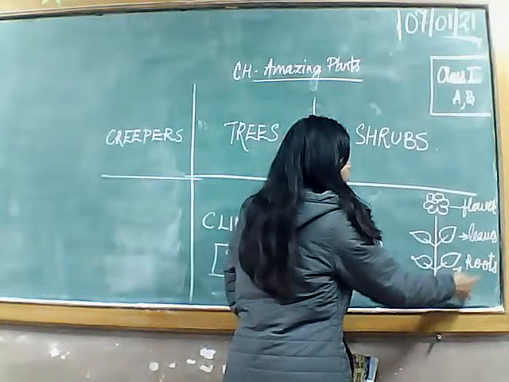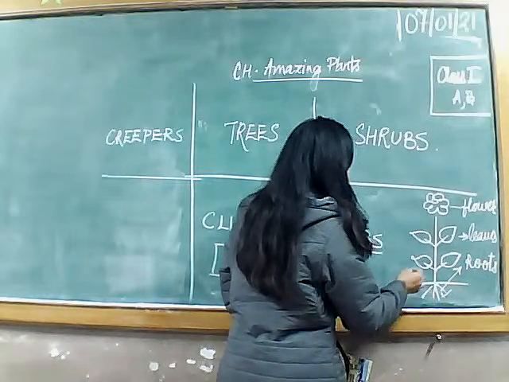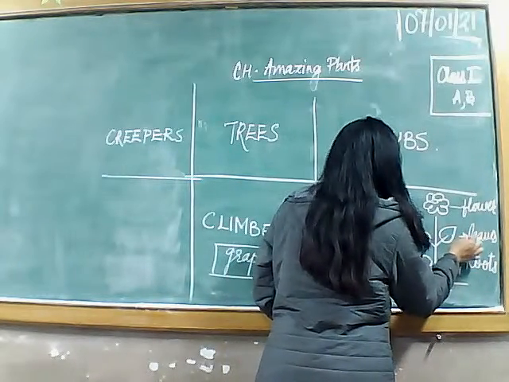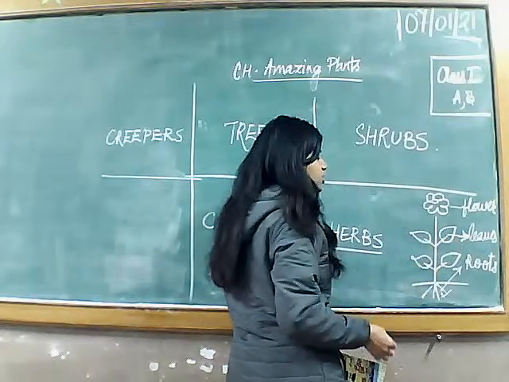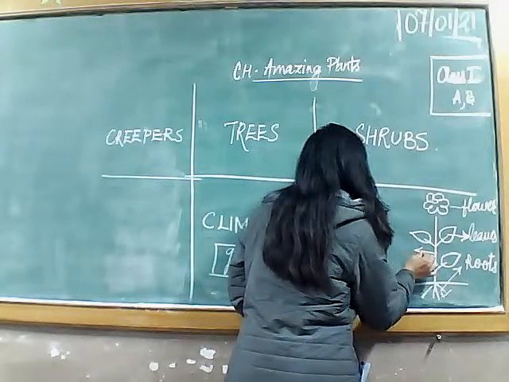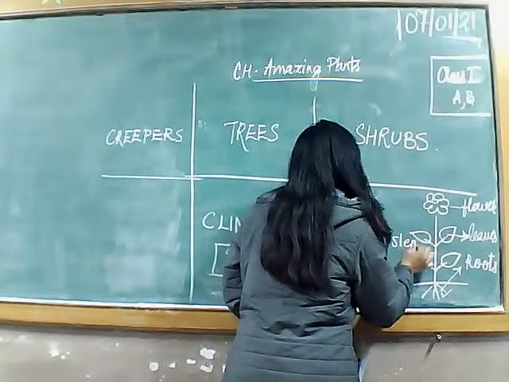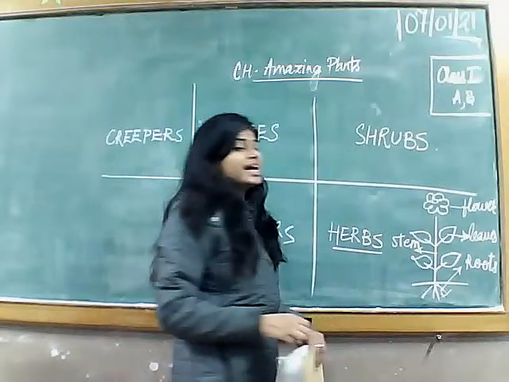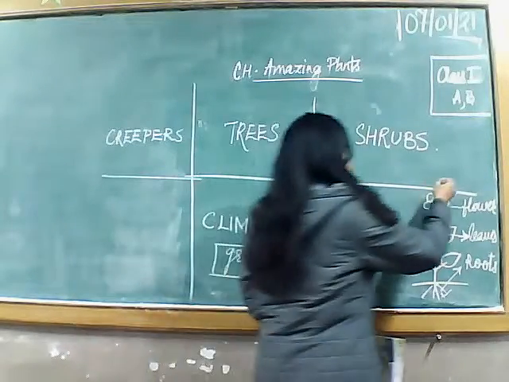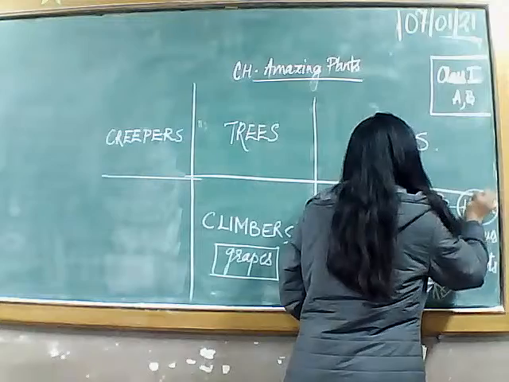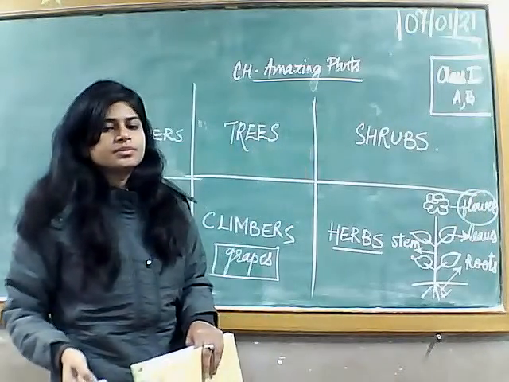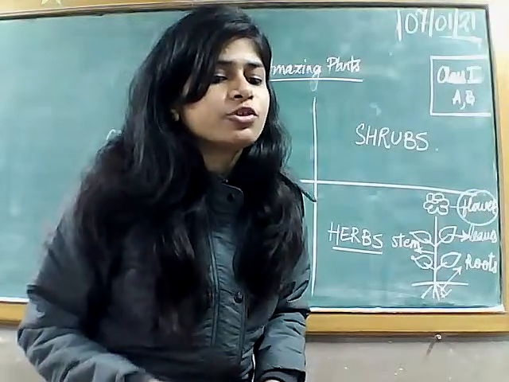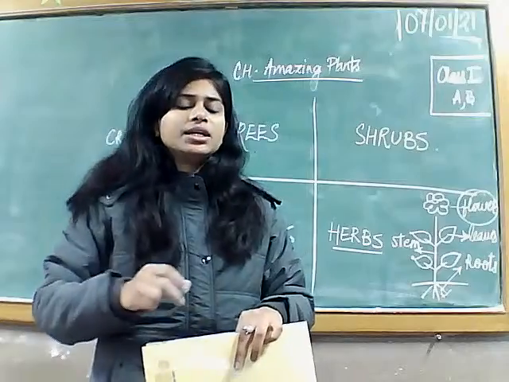Roots will help a plant to get water from the ground. Leaves will help in exchange of gases. The stem of the plant supports it to stand erect, and this flower will one day become fruit on the plant.